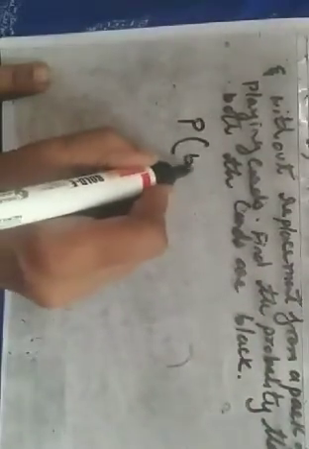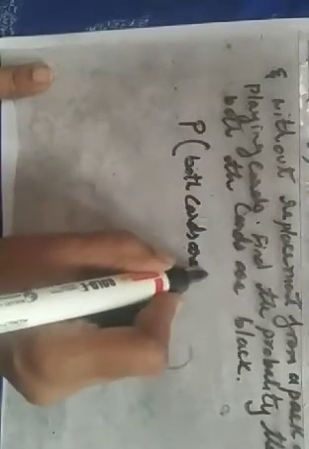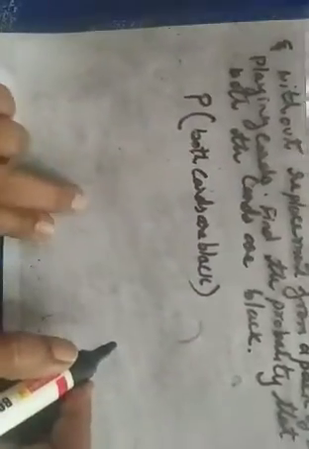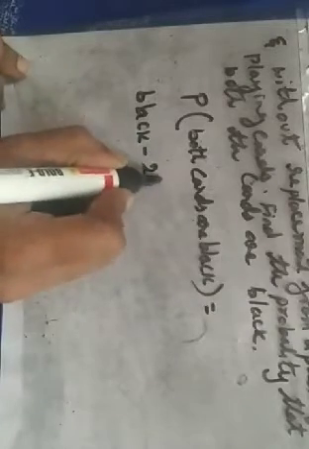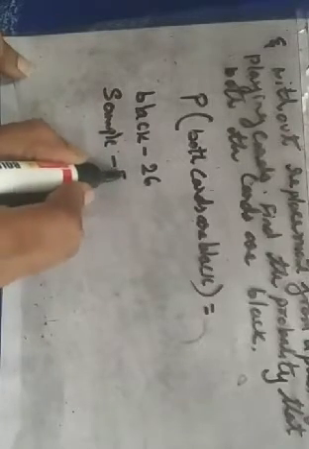We can write probability of both cards are black. Assume that you are taking the two cards, both are black. How many black cards are there? Total black cards. Just now you saw the table. There are 26 black cards. And how many sample space? Sample space means total number of cards.